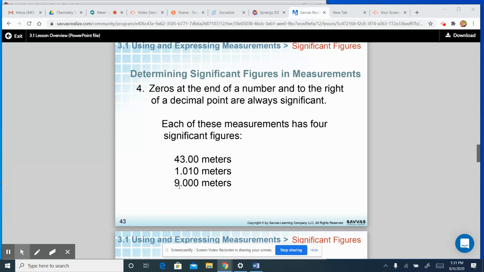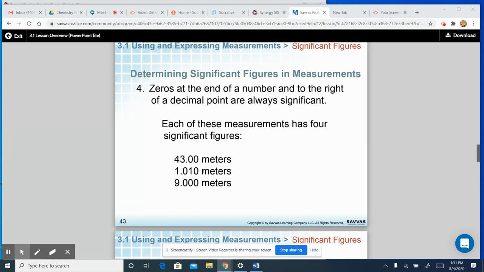If there were no decimal here, 9000, we could express it as 9 times 10 to the third meters, and it would only have 1 significant figure. But because there's a decimal right after the 9, this has 4 significant digits.